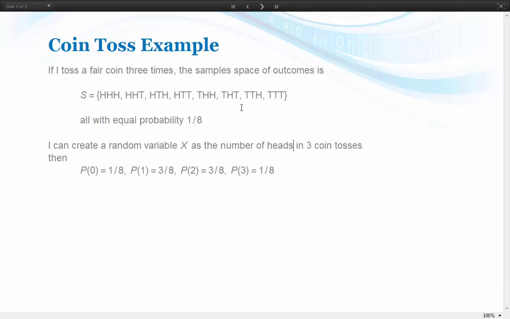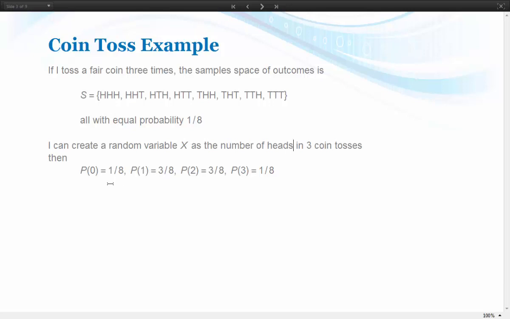The probability of getting 2 heads occurs in this case, in this case, and in this case. So that's 3 cases, each with probability 1/8. So the probability of getting 2 heads is 3/8. And finally, the probability of getting all heads, that's this case, heads, heads, heads, has probability 1/8. Notice these numbers are probabilities.